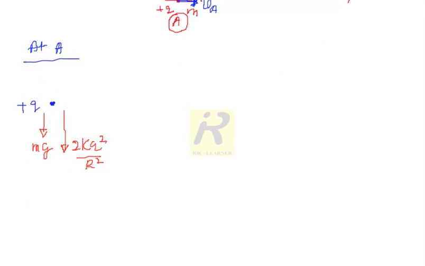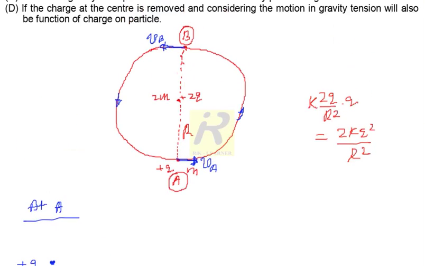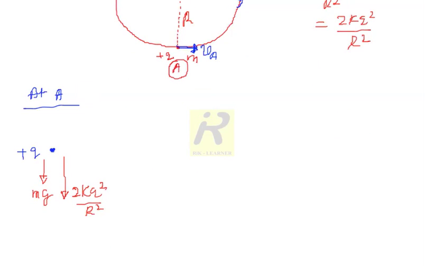And one more force that you can observe at A. The gravitational pull from this plus 2q is also there, because it has a mass 2m. So there will be an attractive inward force, which is the gravitational force, G into 2m into m divided by r square.